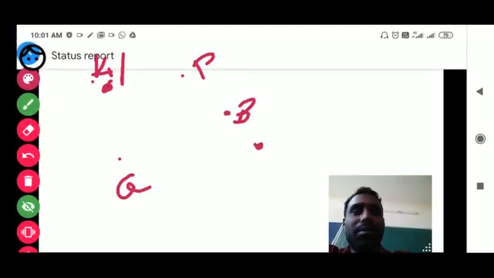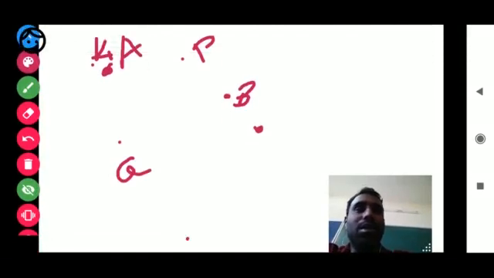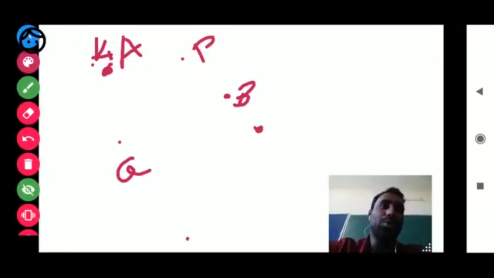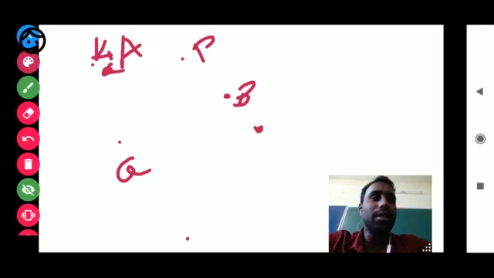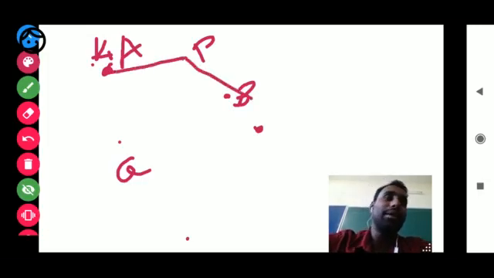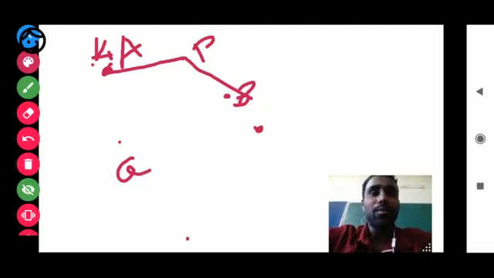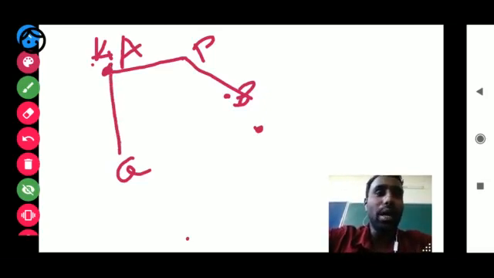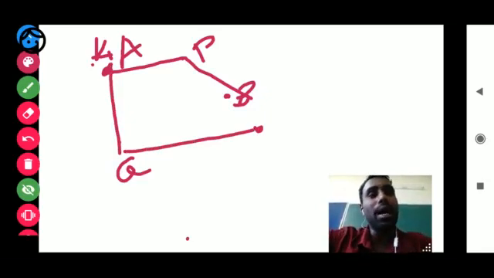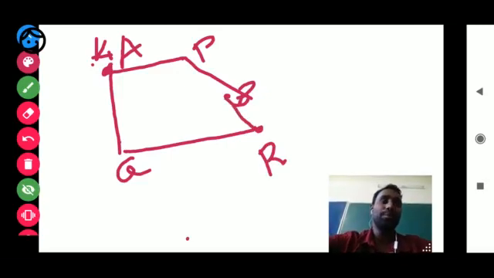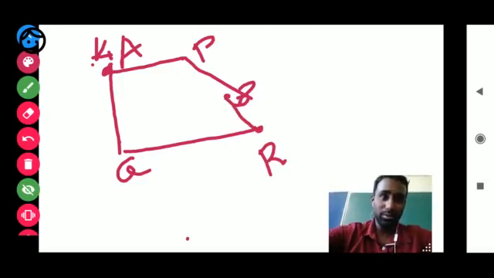From A, I can go to that ground in two different ways. From A to B directly, I can reach, right? So this is called distance. In the same way, I can go to my friend Q, then to another friend called R, and reach the playground. So this is also distance, or displacement.